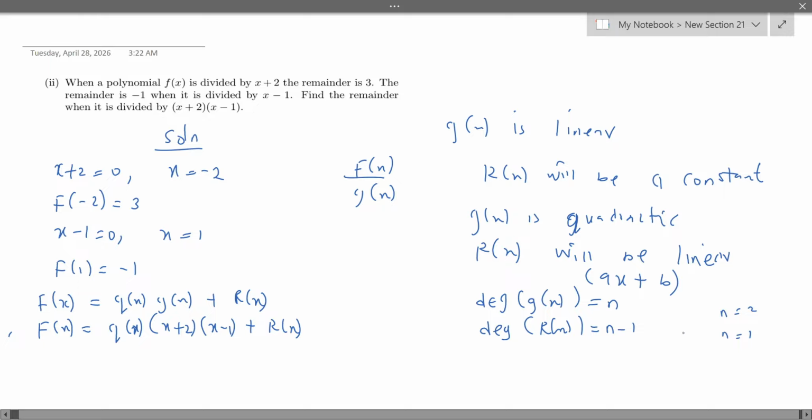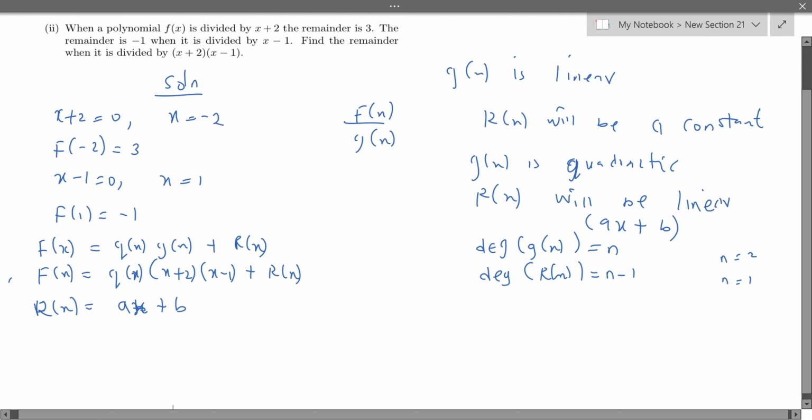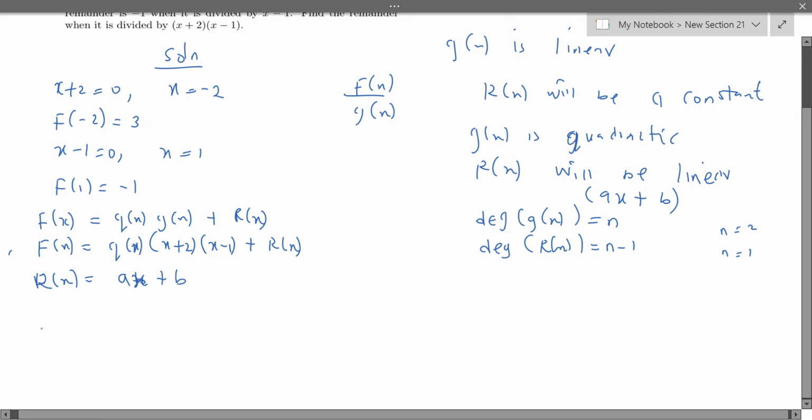You need this knowledge to be able to write what r of x should be. In this case, r of x will be ax plus b. It will be linear. So we replace that, and we now have the whole expression for f of x: q of x times (x plus 2)(x minus 1) plus ax plus b.